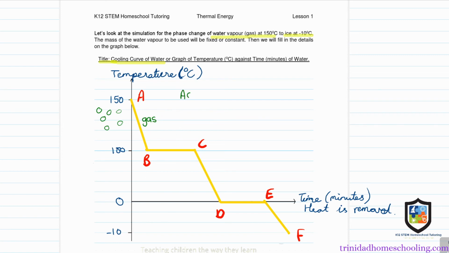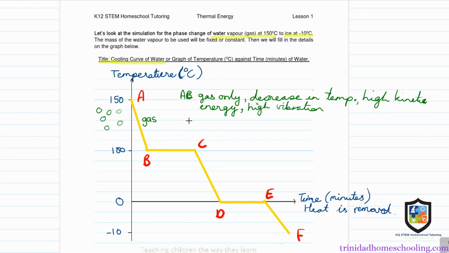So at AB we have gas only, we have a decrease in temperature, so high kinetic energy, heat is removed. Okay, and while the molecules have high vibration, at BC we have a phase change from gas to liquid.